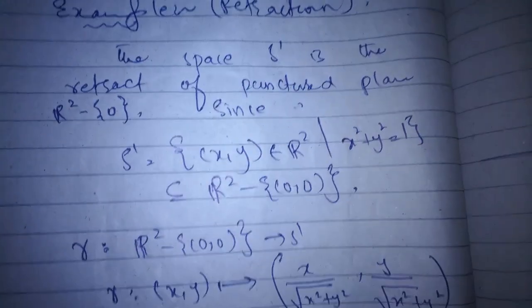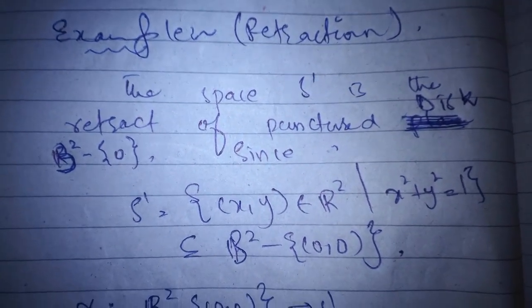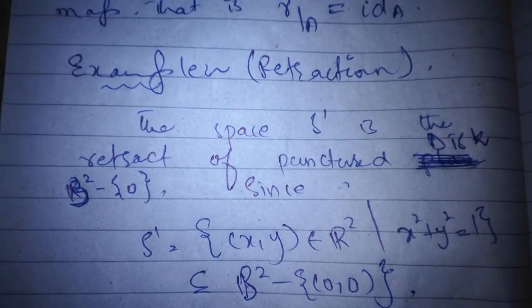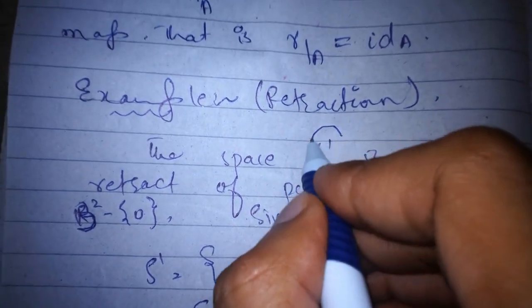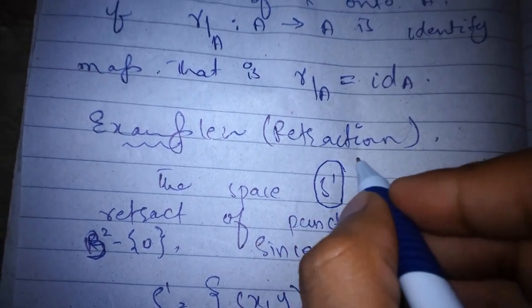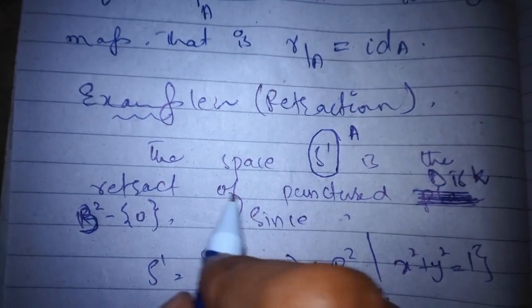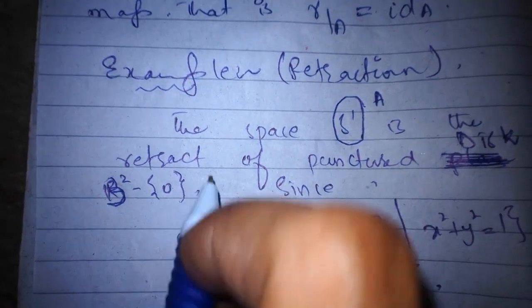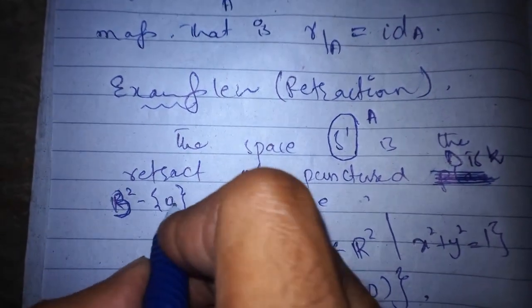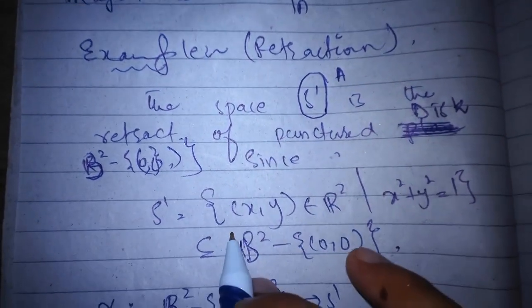Here is an example of retraction. The space S1, as A, is a retract of the punctured disk B2 minus (0,0), that is, the unit disk without the origin.